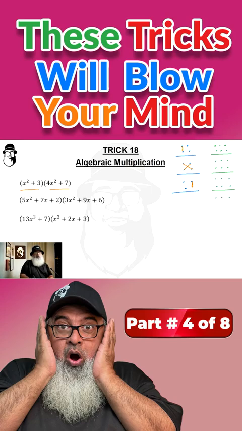So 2 terms by 2 terms, it was only 3 steps, and 3 terms by 3 terms, we have 5 steps. And let me show you what the steps are. 1, 2, 3, 4, 5. Okay, the first step is this column, right? Then the second step is we cross multiply and add, like the one here.